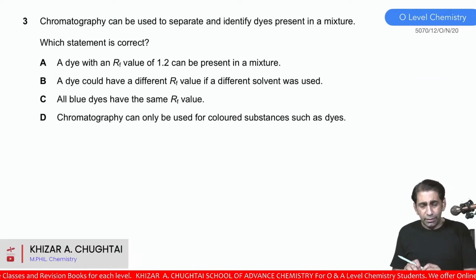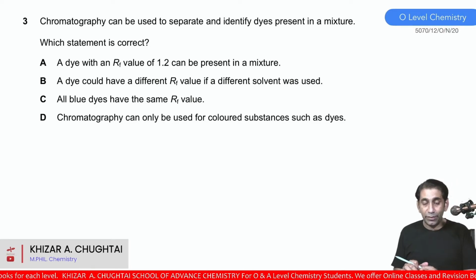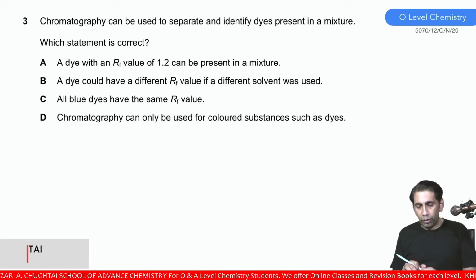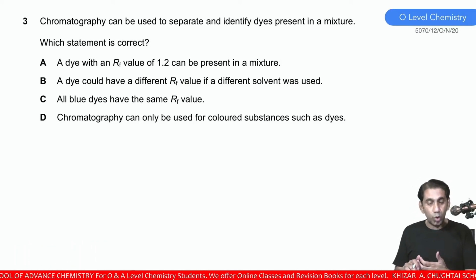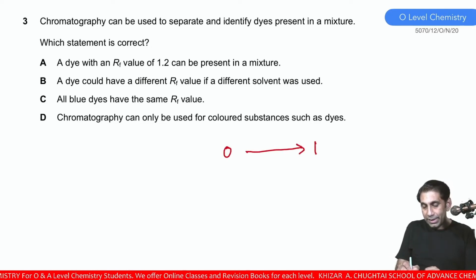Question number 3. Chromatography can be used to separate and identify the dyes present in a mixture. Which statement is correct? A dye with an RF value of 1.2 can be present in the mixture. No. RF values start from 0 and end at 1.